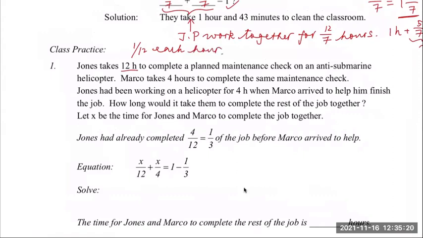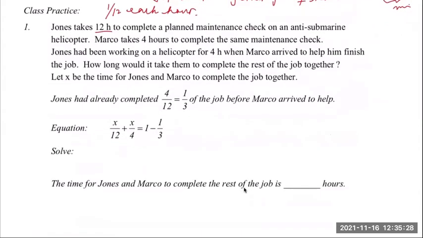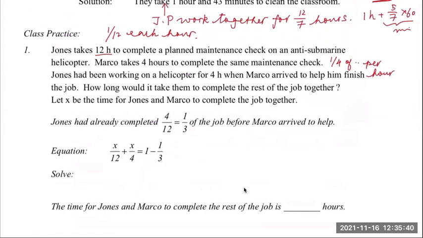That's how you get the information that you really need. And Marco takes 4 hours to complete the same check. That means each hour Marco can complete 1/4 of the task, right? So we know the information here.